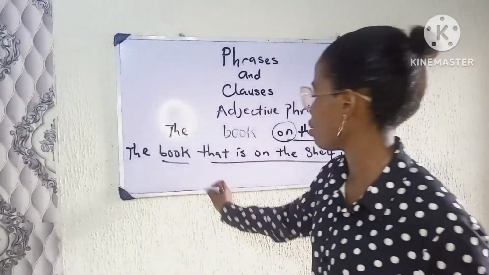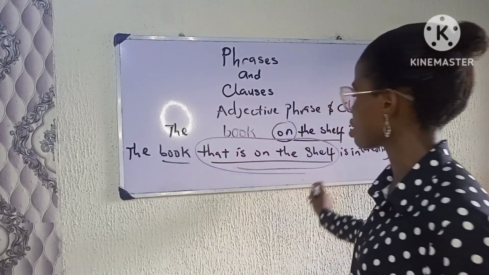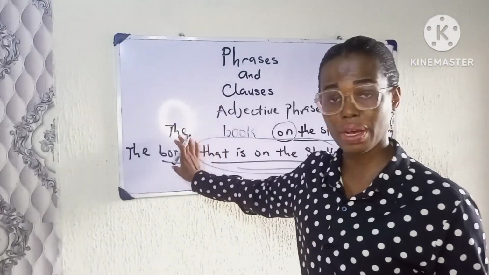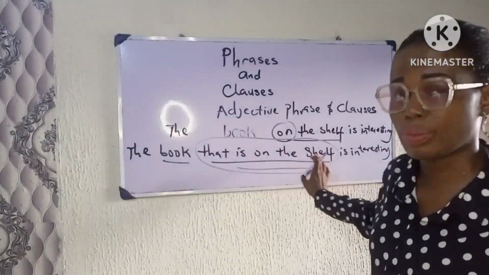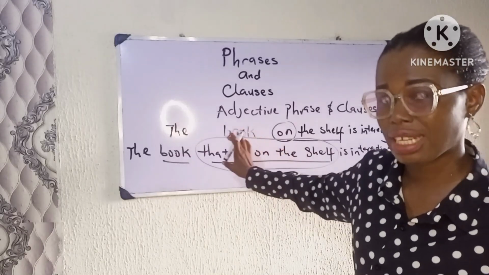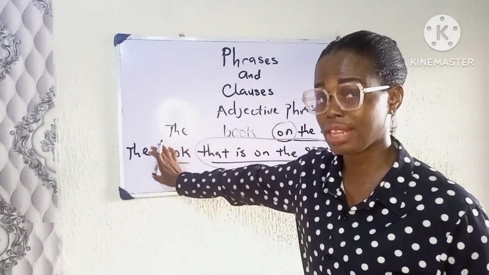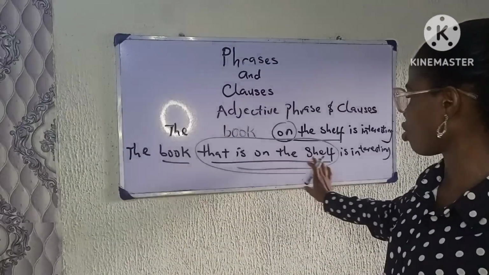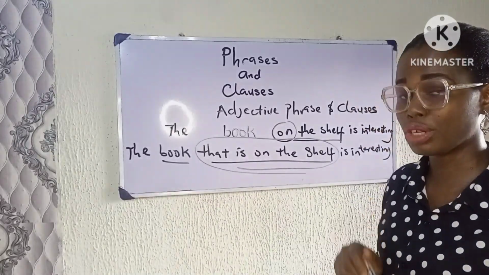Book is the noun that this adjective clause is modifying. This adjective clause is telling us more about this book. The book that is on the shelf, not the book that is on the table. It's telling you specifically about the book, giving you more information about this noun book. So adjective clauses usually come immediately after the noun they are modifying.